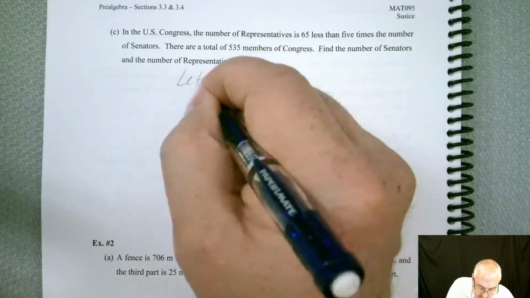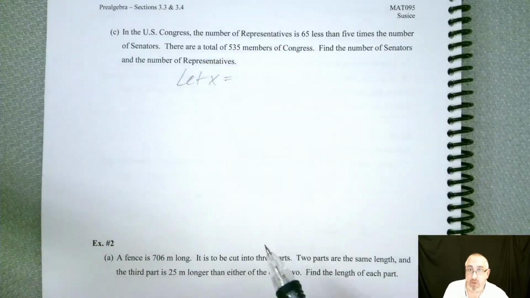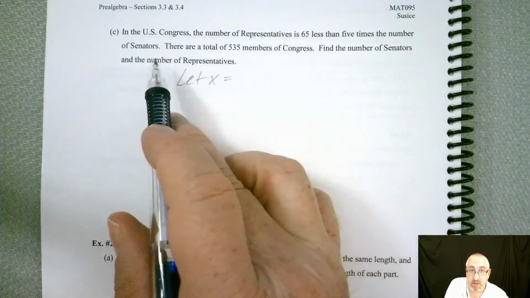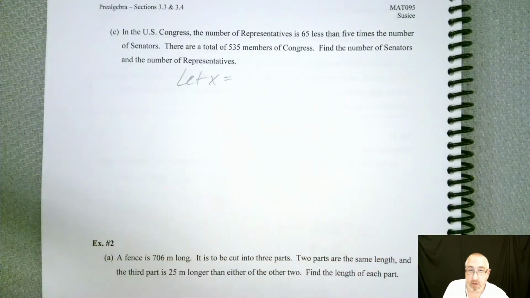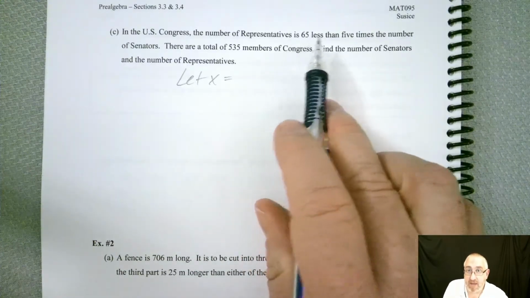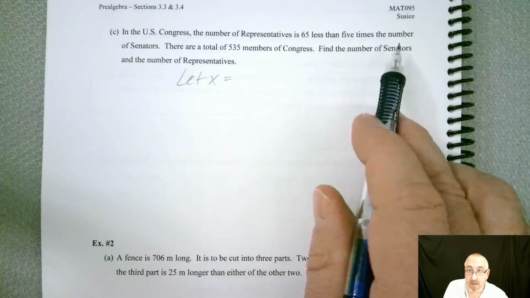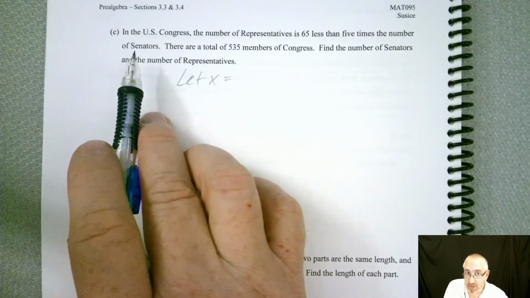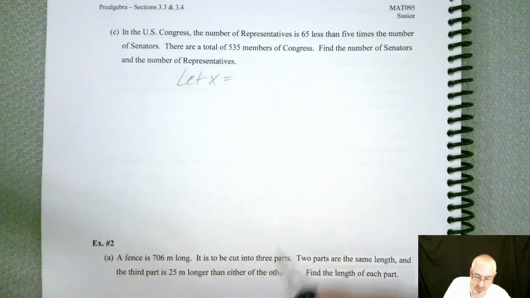Let x equal one of those two things. Do we want x to be the representatives, or do we want x to be the senators? So which one should be our x? Representatives is 65 less than 5 times the number of senators. So we really got to know the senators first, and then we should be able to figure out the representatives.